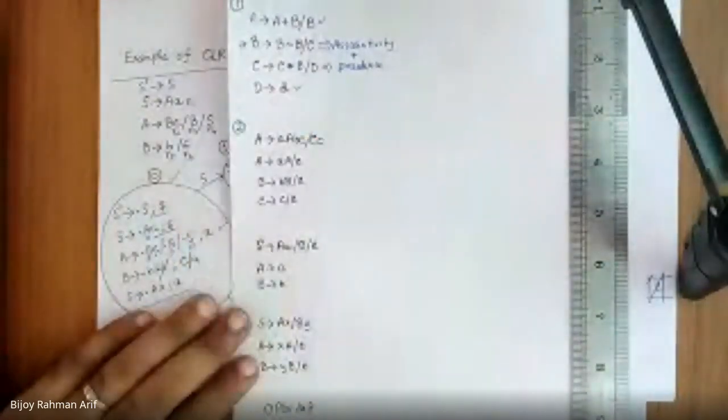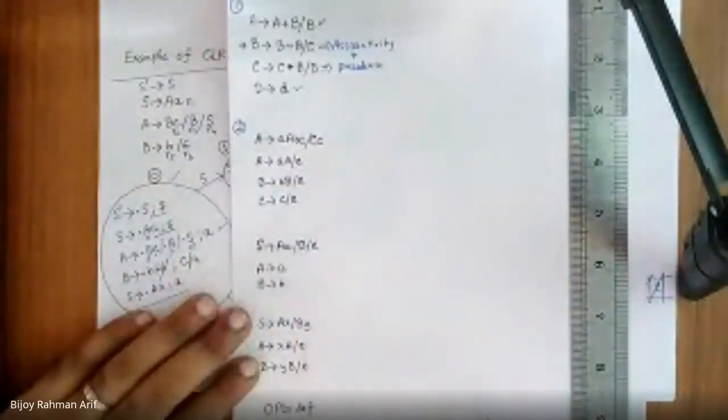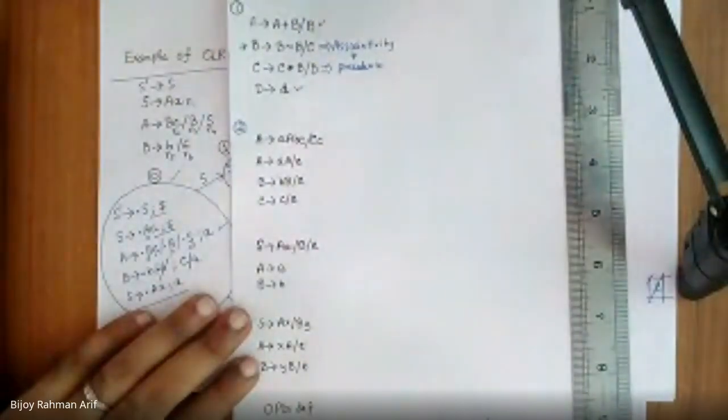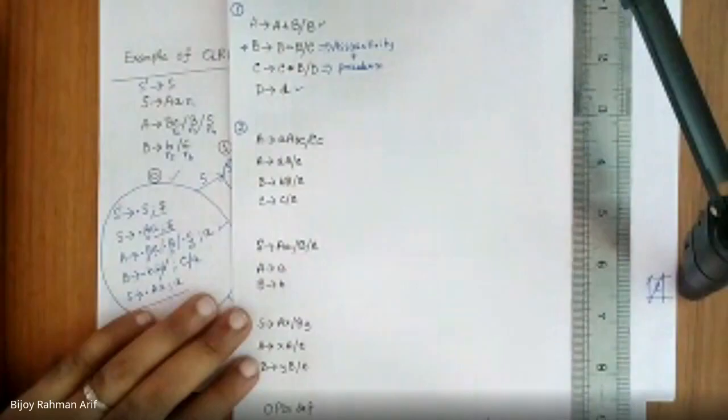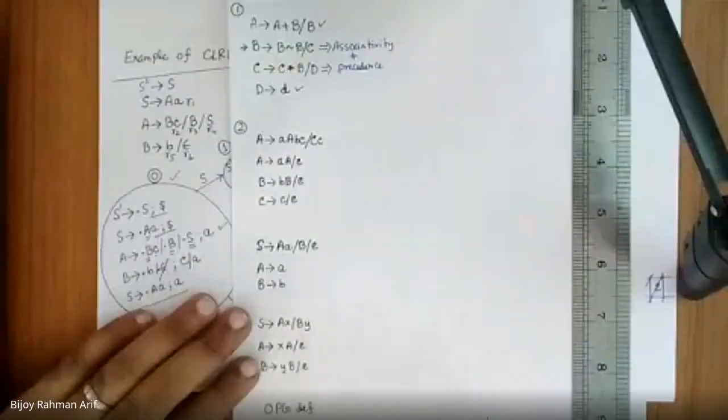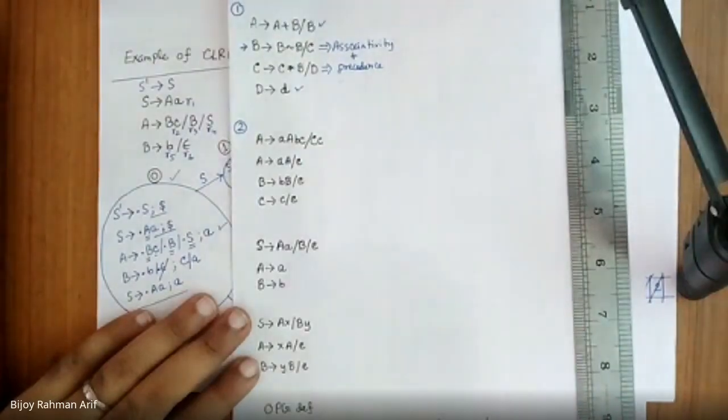In this problem, you have to remove epsilon. So what is the rule for removing epsilon? Whenever a variable can derive epsilon, you try to find its appearance on the right hand side of the productions. You need to write it without that variable and with that variable.